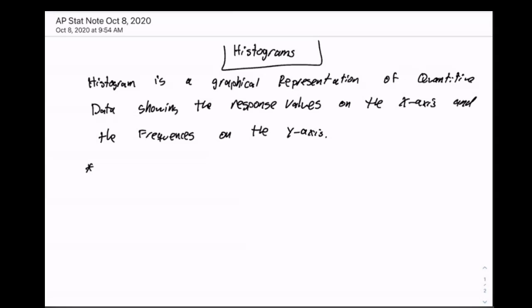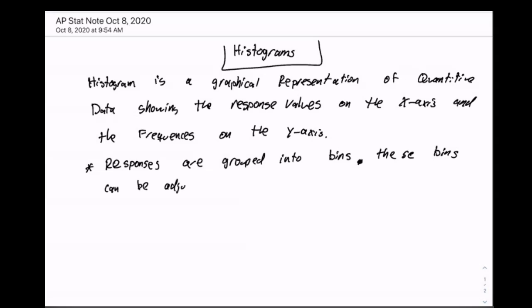Now, the responses are grouped into bins. These bins can be adjusted as the data needs.